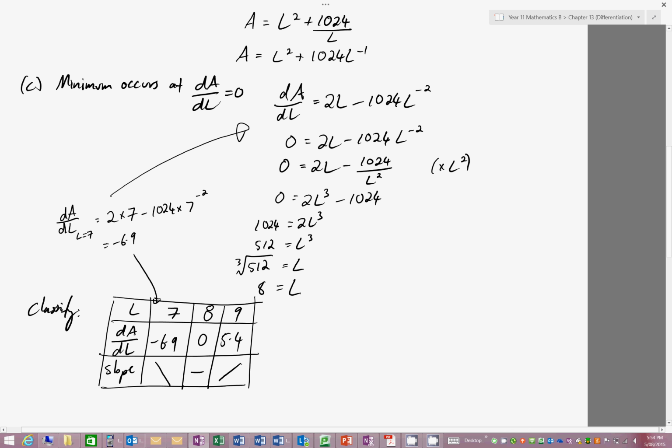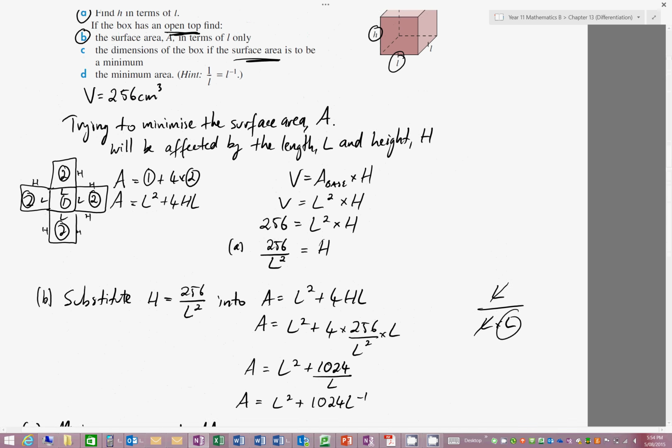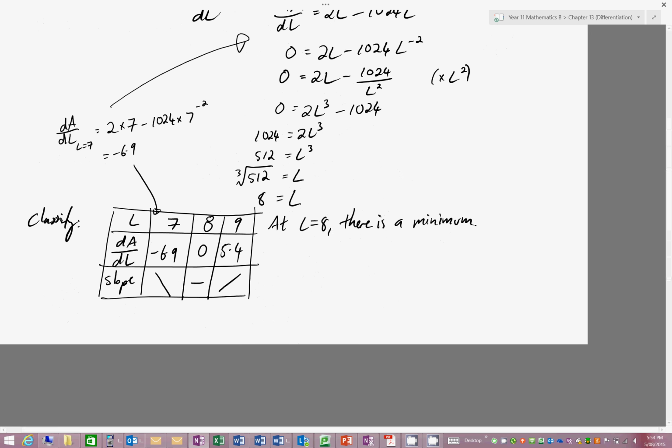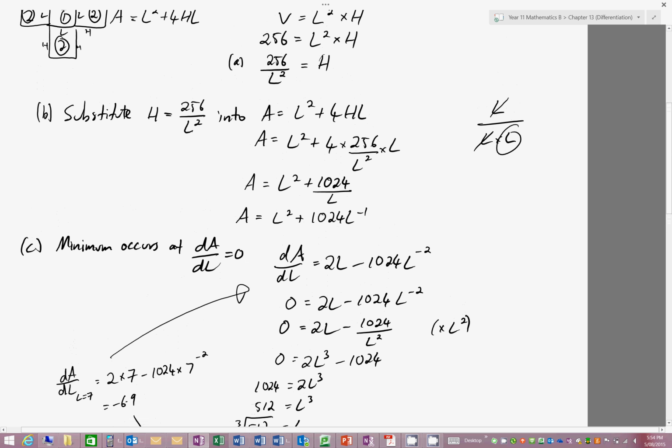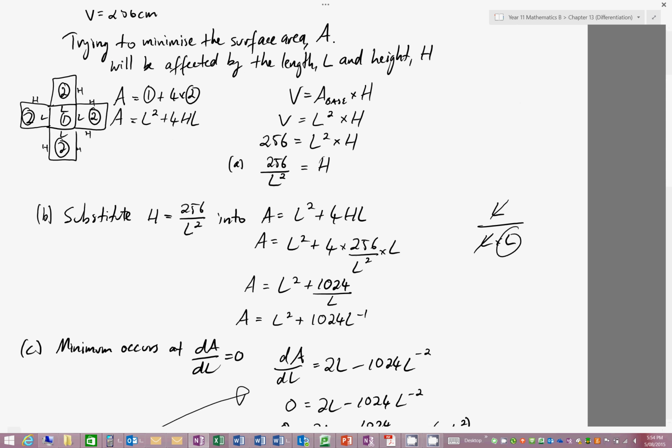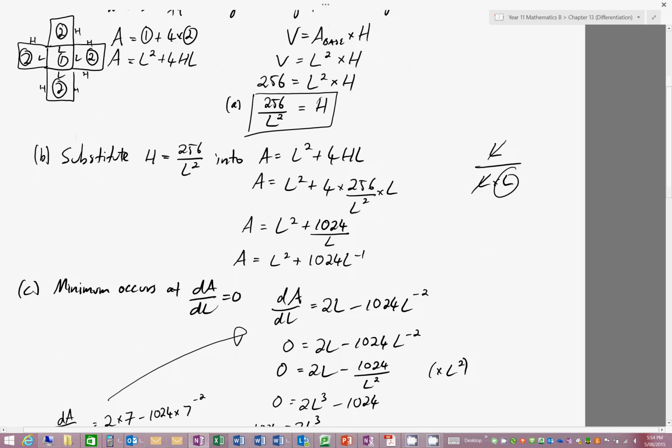So at L equals 8 there is a minimum. The question asks for the dimensions of the box if the surface area is to be a minimum. I've found the length, and I also need to find the height. Through this massive page, I can see I've got an equation for the height.